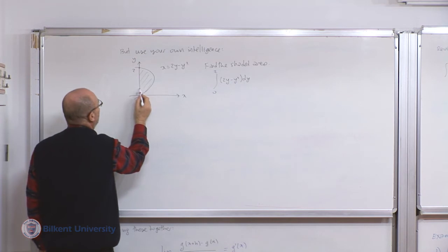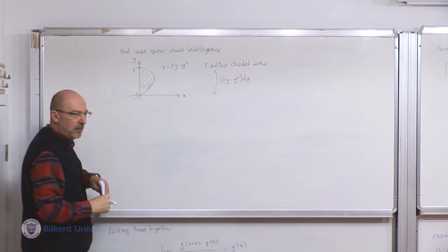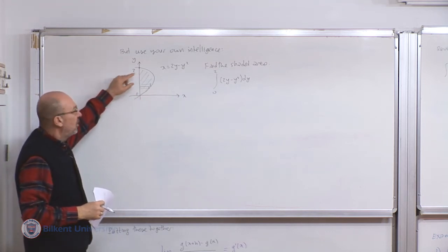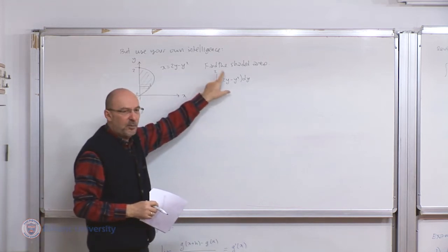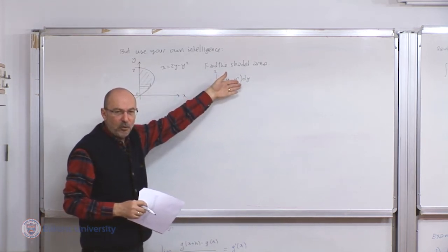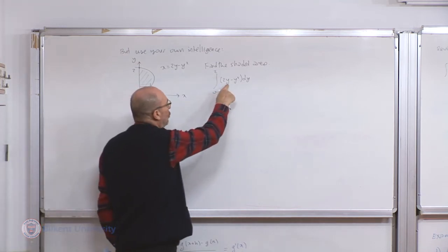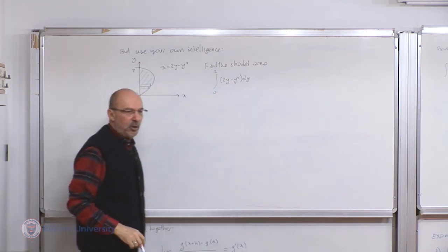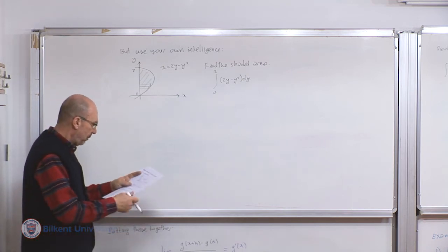What you are doing is you are considering Riemann sums like this, and then taking the limit. The function is continuous, so the limit exists, and the limit is expressed with this symbol. Now you use the usual rules. You can integrate 2y, you can integrate y squared, evaluate it, and you can get the area. So that part is easy.